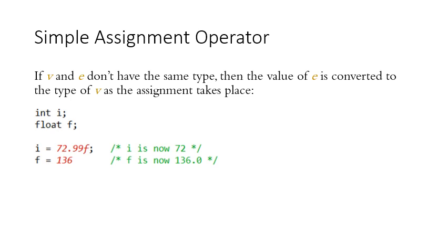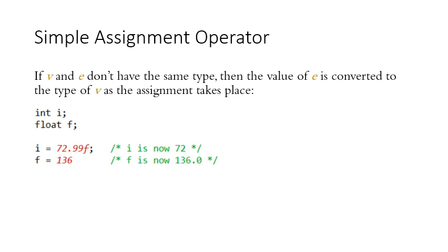Since we have declared I as an integer, it cannot hold numbers which have decimal points. In other words, it is being changed into an integer, and your f is declared as a float variable.